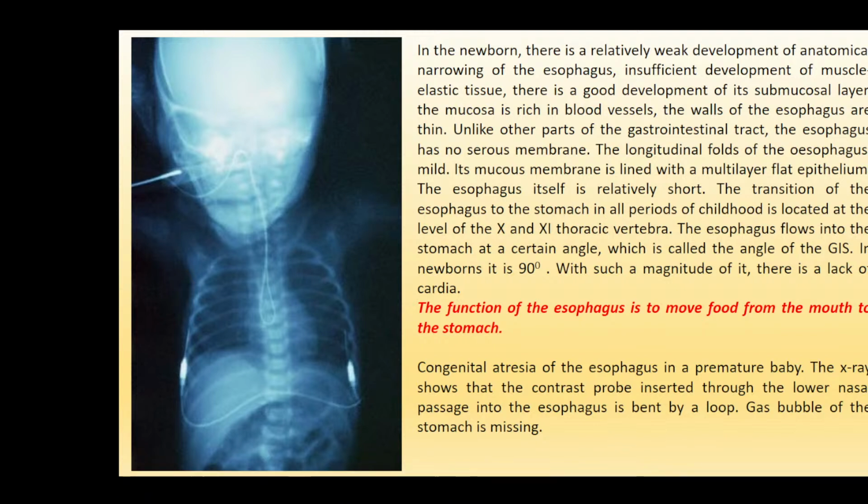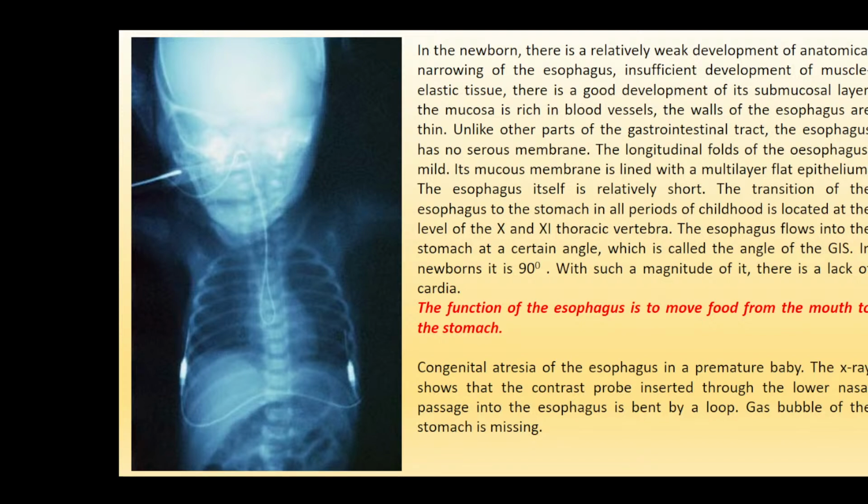In the newborn, there is a relatively weak development of the nerve apparatus of the esophagus, insufficient development of muscle elastic tissue. There is a good development of some submucosal layers. The mucosa is rich in blood vessels. The walls of the esophagus are thin. Unlike other parts of the gastrointestinal tract, the esophagus has no serous membrane.